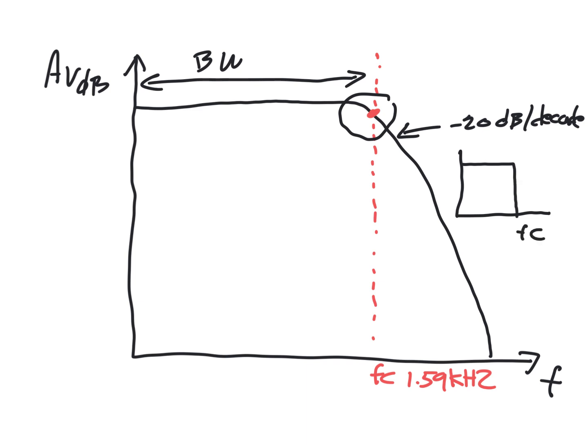At FC, the signal strength would just drop right off. It would block everything perfectly, but because they're real components, they have this corner here. So for our purposes, it's just 20 dB per decade, but that can be made much higher just by changing the design, sadly. But we're not going to worry about that. Okay, so let me extend this line.